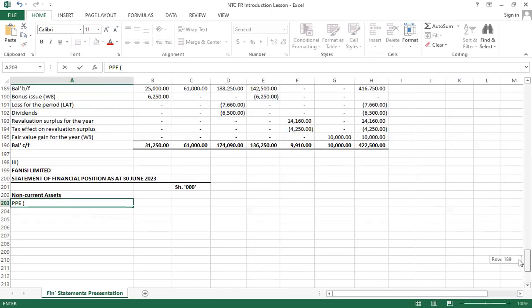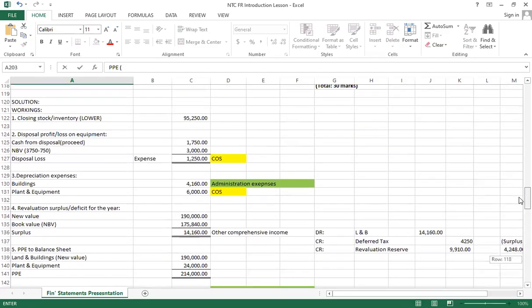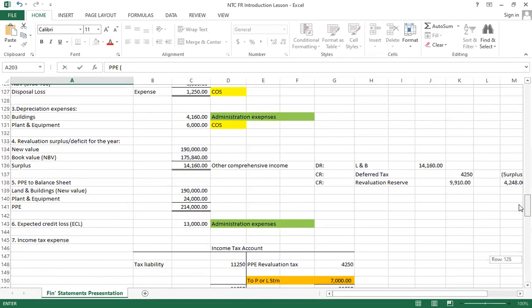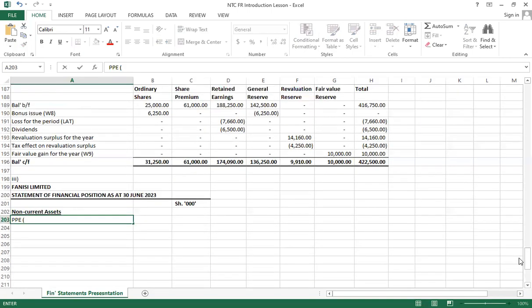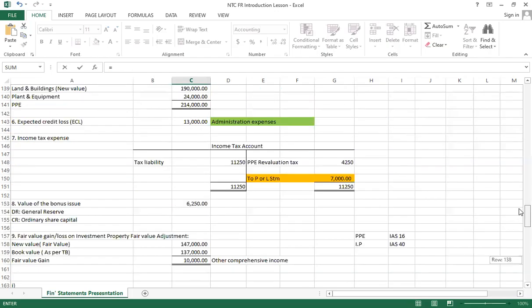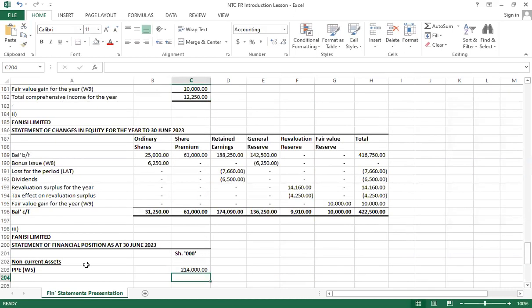Remember, in our workings, the PPE was working number 5. We had already computed that figure, and we computed 214.